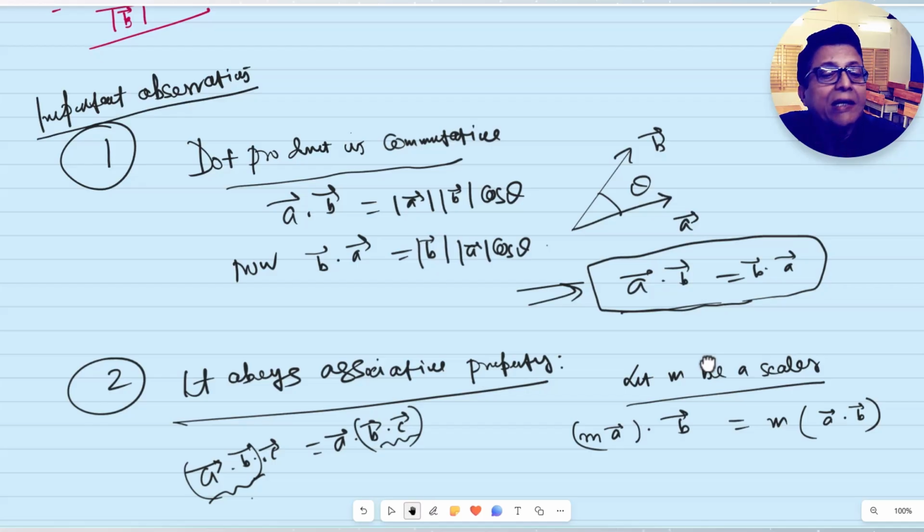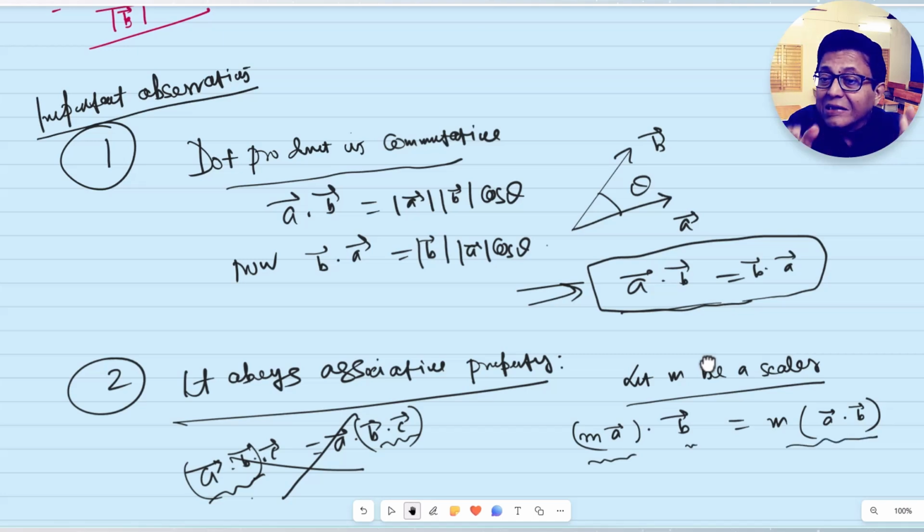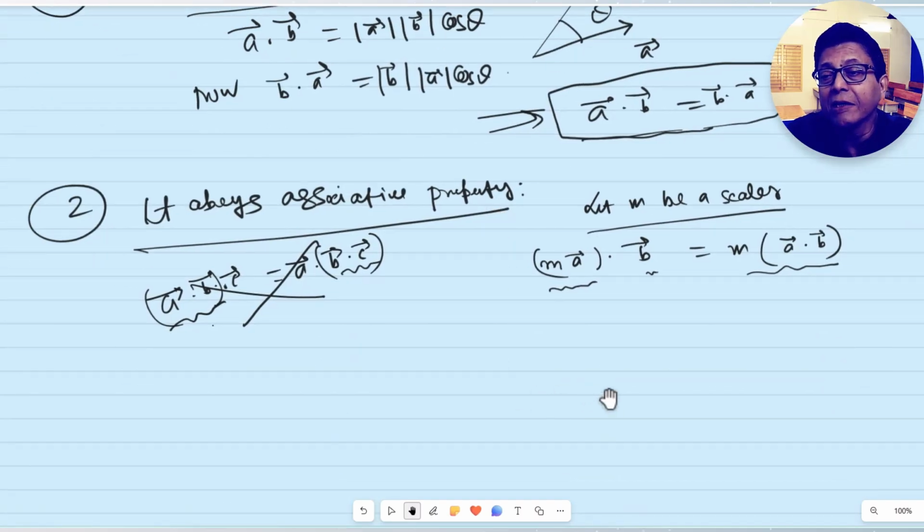So we can state that for three vectors it is not true. If we take M as a scalar, M A dot B equal to M into A dot B. These concepts you need for your descriptive as well as MCQ questions.